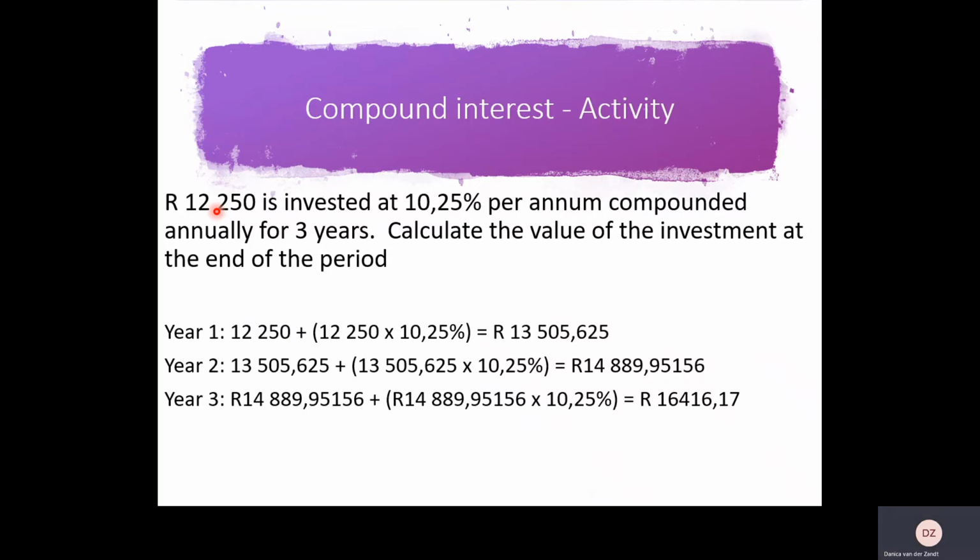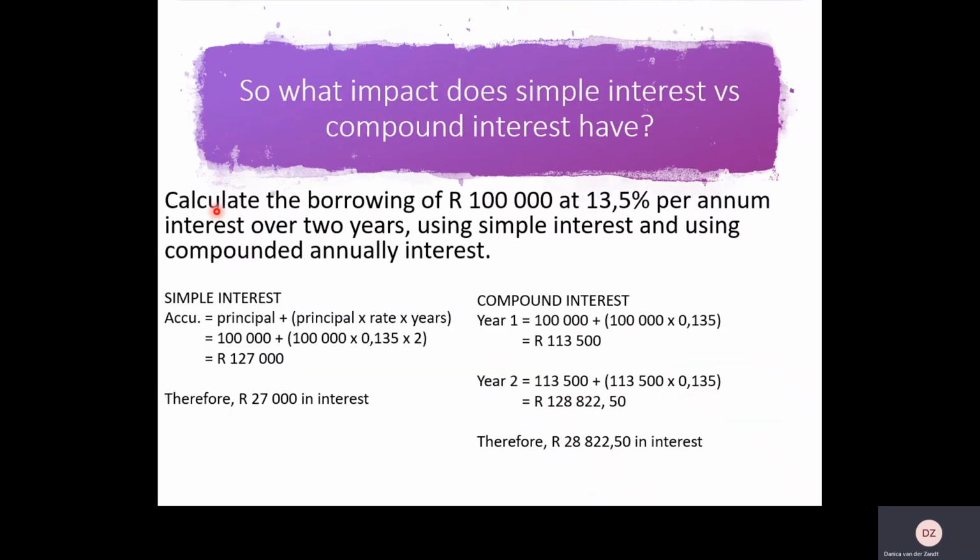Okay, so when you do your worksheet next week, I will throw in some additional compounds and we will also do one or two more since we have the time. Okay, what I do want to look at, what effect does simple interest have compared to compound interest?